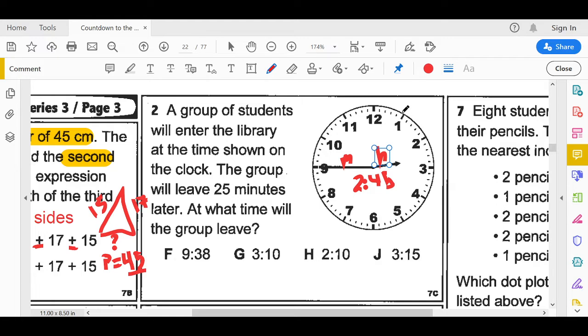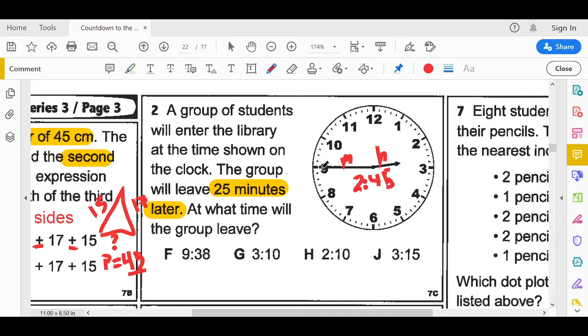So when you count 5, 10, 15, 20, 25, 30, 35, 40, 45. So the time here is 2:45. And then it says the group will leave 25 minutes later. And the question is, at what time will the group leave?